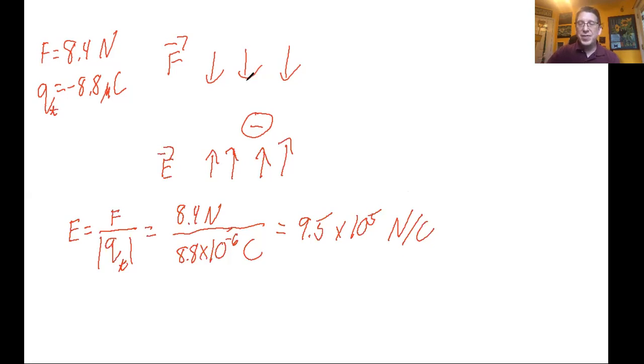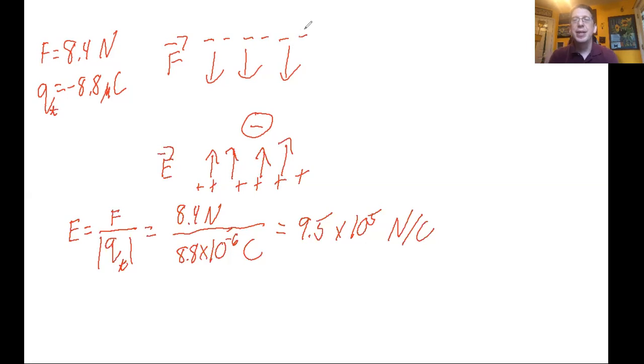Positive charges will attract it, so there could be positive charges below the negative charge attracting it. There could be negative charges above the test charge repelling it, or there could be some combination of the two. So you have positive charges underneath it or negative charges above it, or some combination of the two.